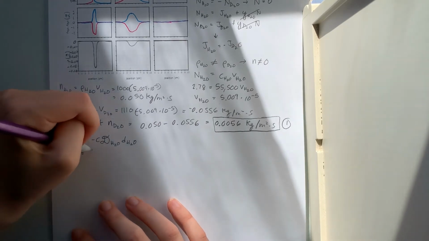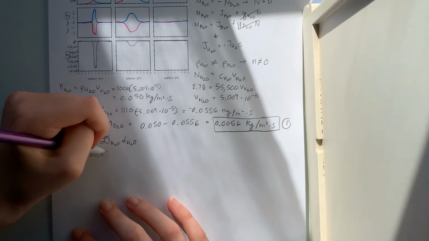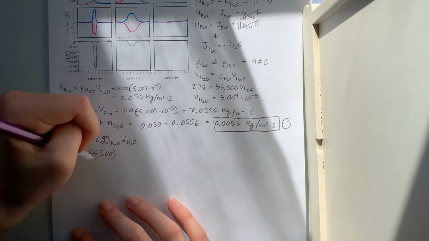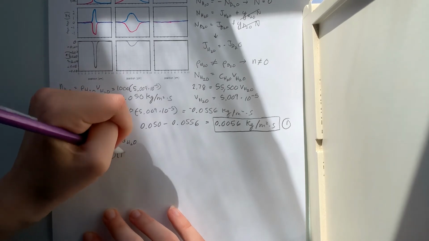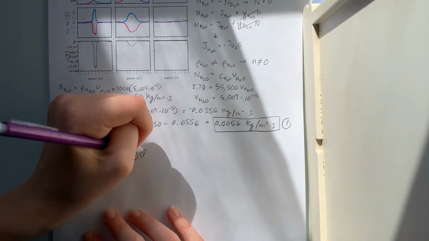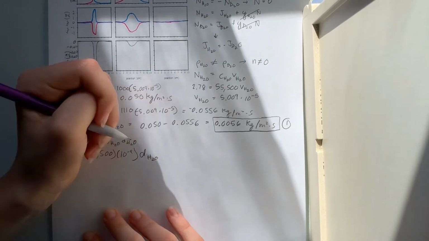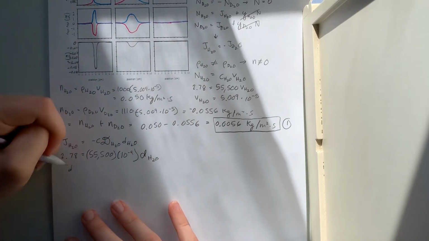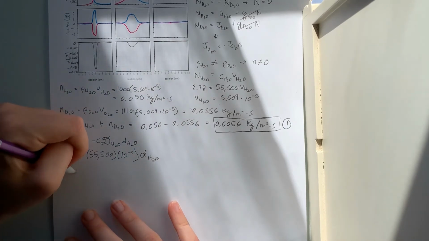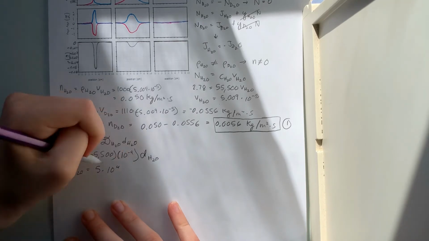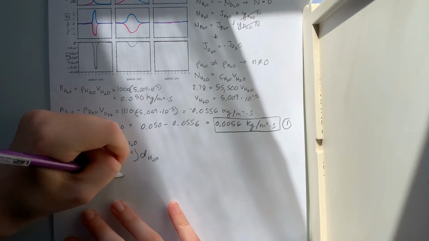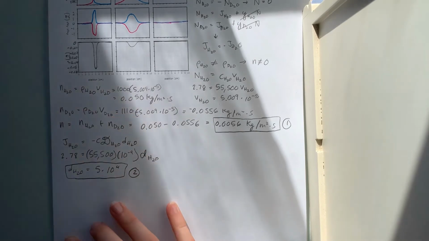The overall concentration will be 55.5 thousand. The diffusivity constant for liquids is 10 to the negative 9th. And then we can solve for driving force. So the driving force, when solved using this equation, will equal 5 times 10 to the 4th, which is the answer to question 2.